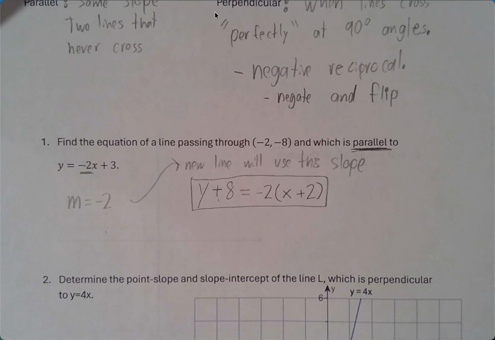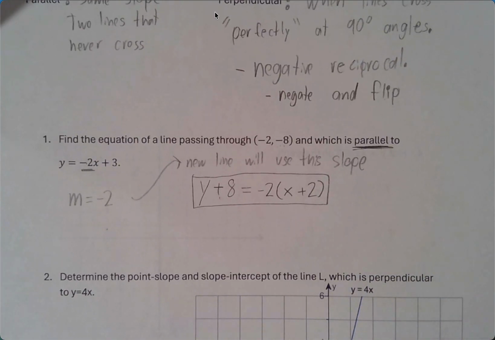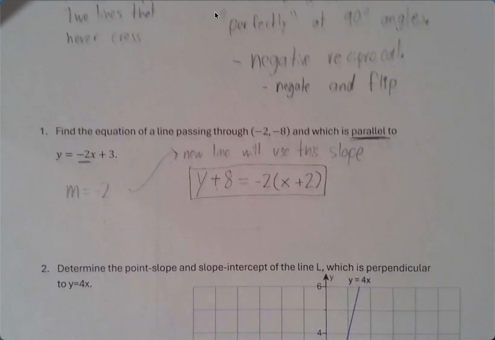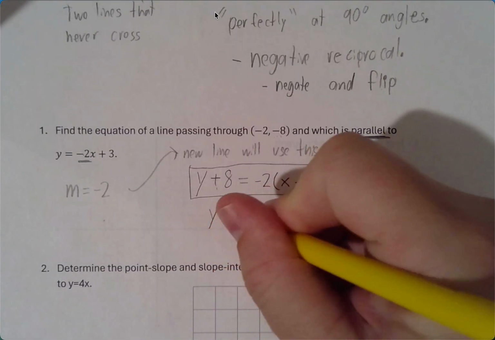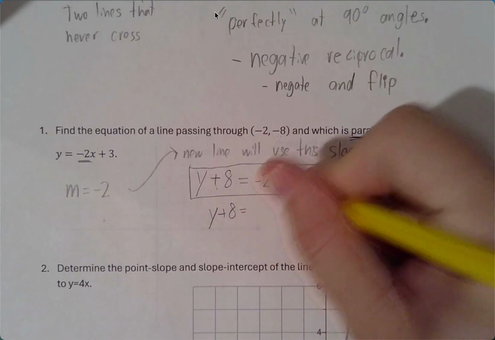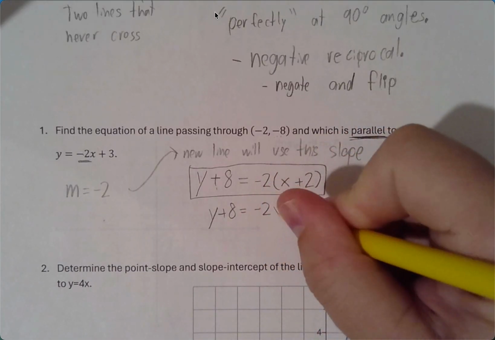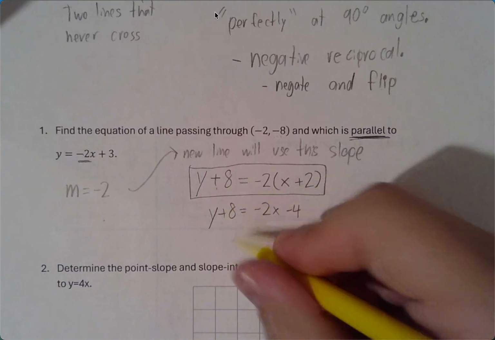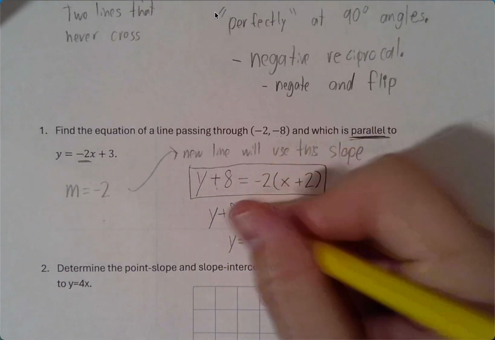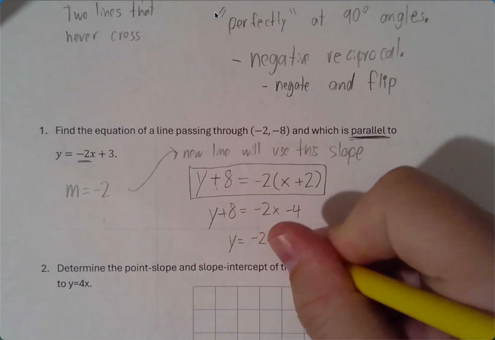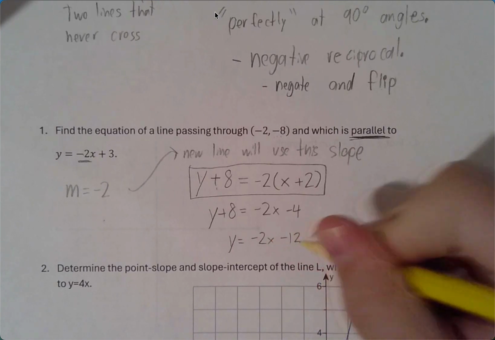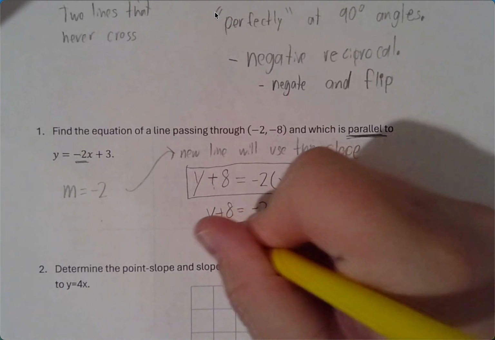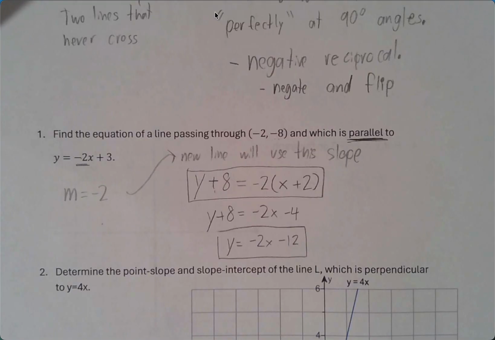Now, if your blue text by the answer box says get it in slope-intercept form, then we have to follow those last two steps where I actually distribute that slope to get rid of parentheses, which would be this, and then I subtract over that number, subtract in this case because it was positive, and now I'm in slope-intercept form if that's what they needed.